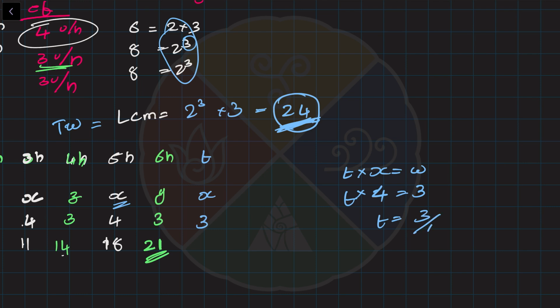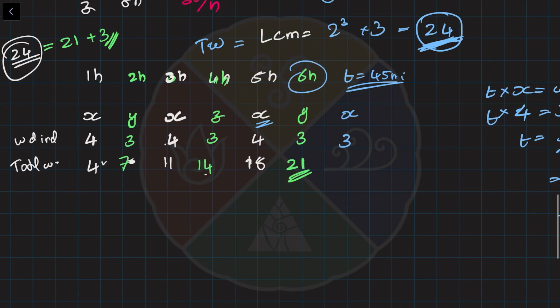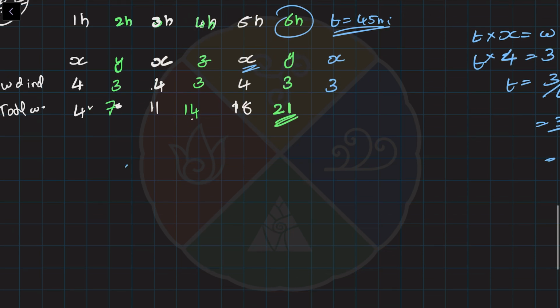So time will be 3 by 4 hours. And 3 by 4 into 60 minutes is 45 minutes. So 6 hours plus 45 minutes. Therefore, the total time here also will be 6 hours 45 minutes.